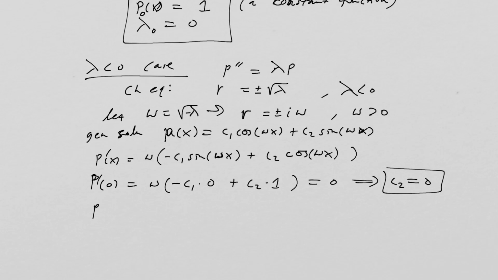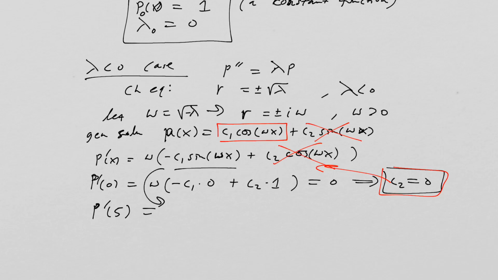Great. So now P prime, if I evaluate it at 5, what this C2 means is that this whole term right here is gone. So the only thing left to look at are the cosine terms.